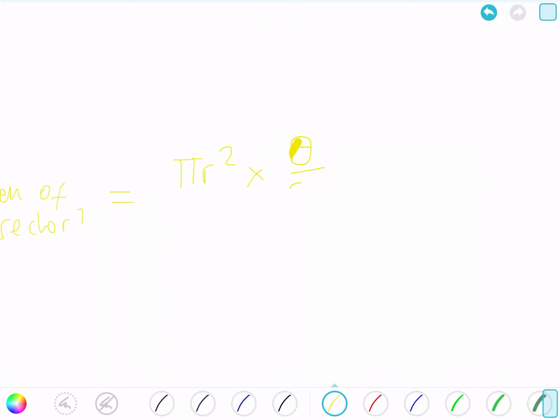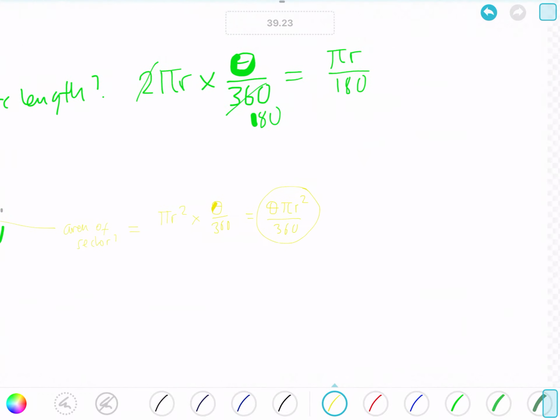So it would combine to theta pi r squared over 360, and that is the GCSE formula for the area of the sector. So hopefully that's familiar. Now notice that these formulas are a little bit unwieldy. Let's see what happens if we use radians instead.